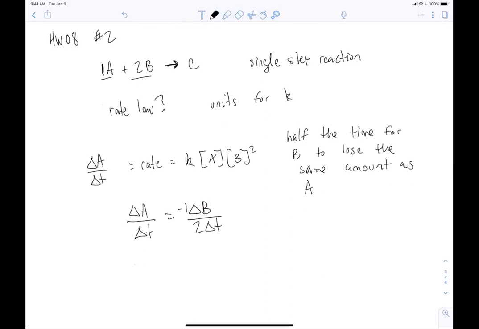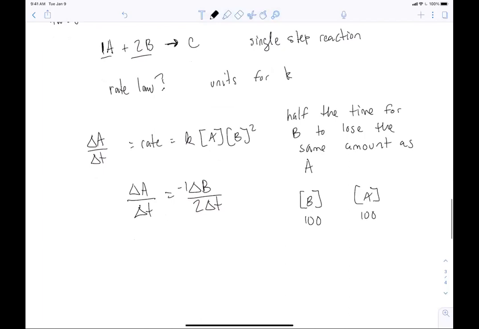Hopefully this doesn't turn into a nightmare again. If I have the concentration of B and the concentration of A, and let's say the initial concentration for both is 100, just because it's an easy number to work with.